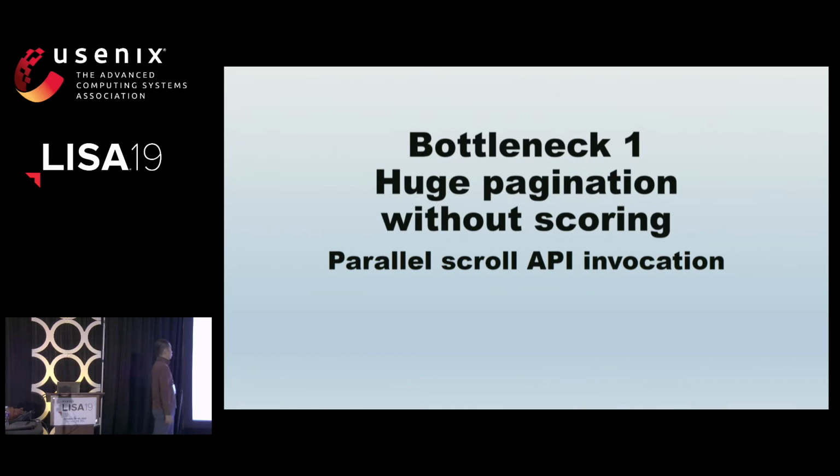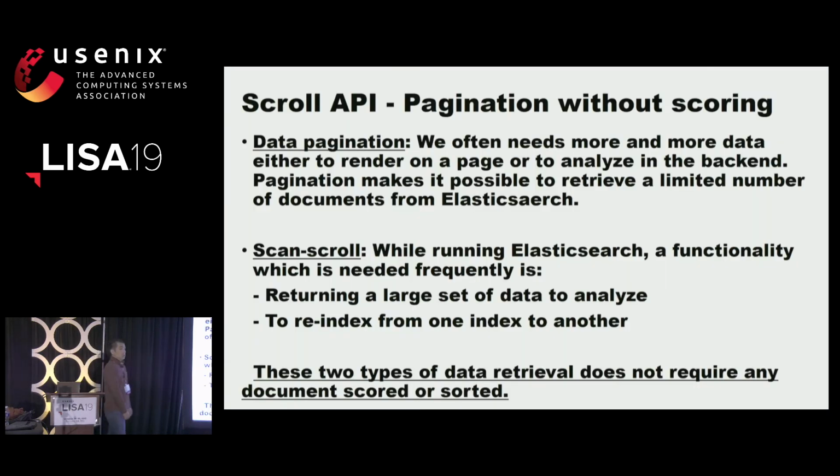Huge pagination without scoring. This is equivalent to an all-data dump in an SQL database. The Scroll API is designed based on pagination. Pagination is a kind of snapshot, and divides the snapshot into some pieces.